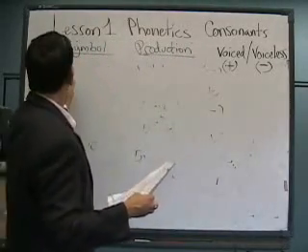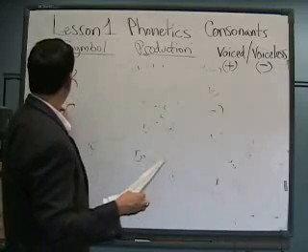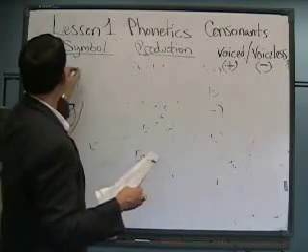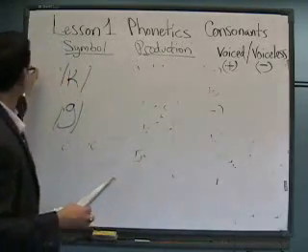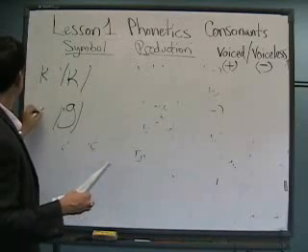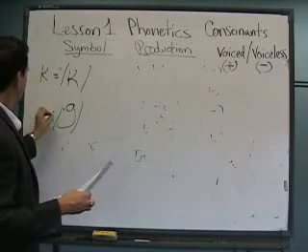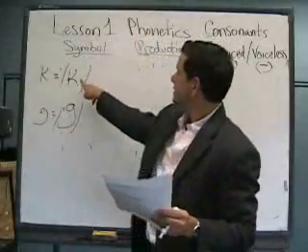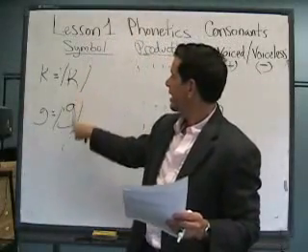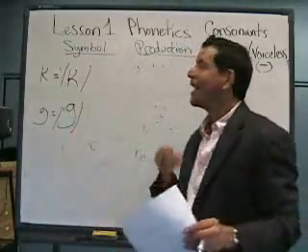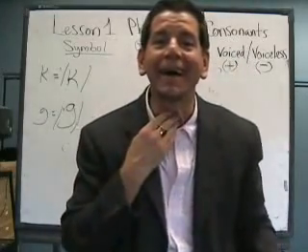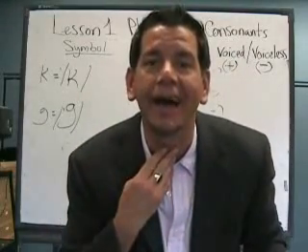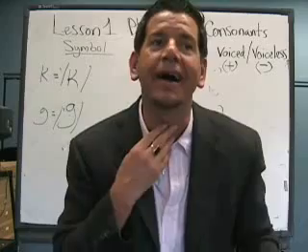The next set is K and G. They have the same manner of articulation. Okay? And their symbol is small case K and small case G. Ka, ka, ka. And ga, ga, ga.